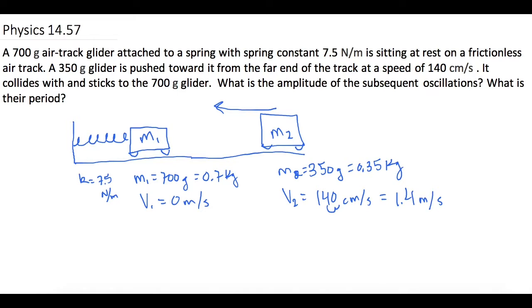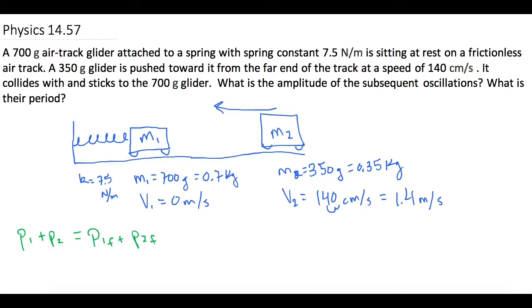But first off, before we do that, we need to figure out the final velocity after M1 and M2 smash into each other, so we can figure out how far the spring got compressed. So what we're going to do is use conservation of momentum. So we know that P1 plus P2 is going to equal P1 final plus P2 final.